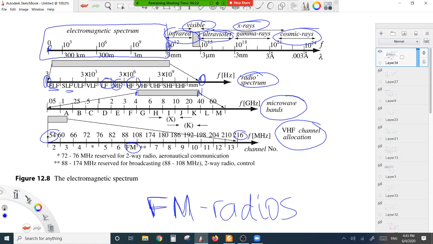Simply, when you listen to the radio or choose radio channels, for example 101 FM or 102 FM, this simply means the frequency at which that radio station is broadcasting.